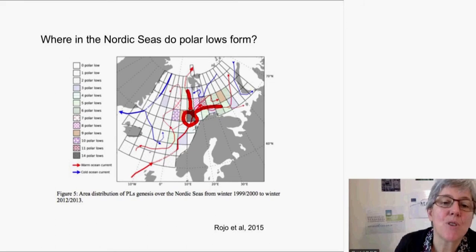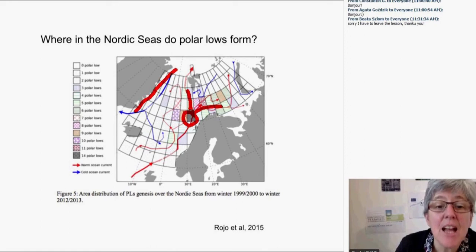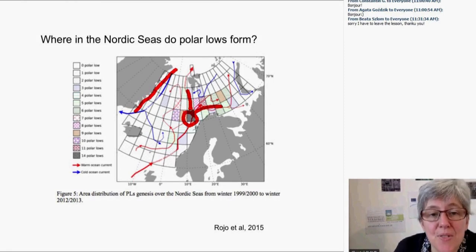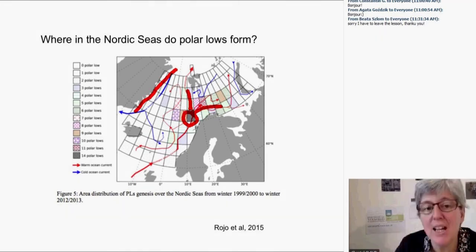On the contrary, you have a cold current here along the Greenland Sea. You see that you have more polar lows forming over oceanic areas which are associated with warm currents than elsewhere. So we see an association between the sea surface temperature, the sea surface circulation, and the areas where polar lows develop.